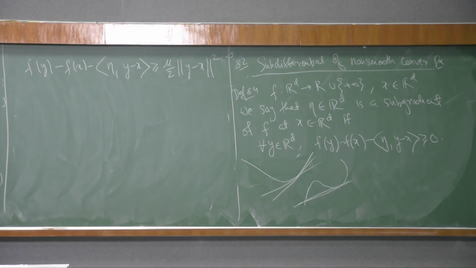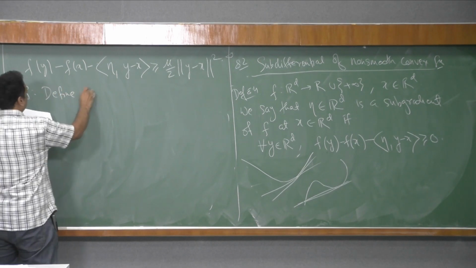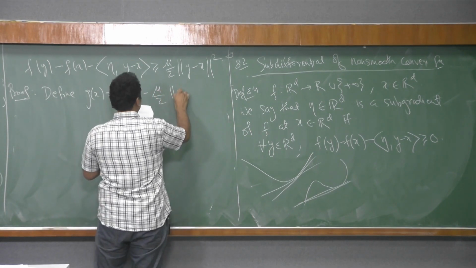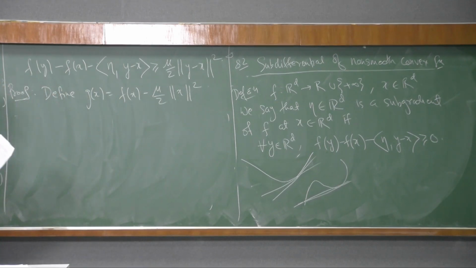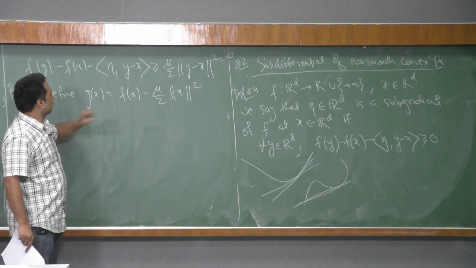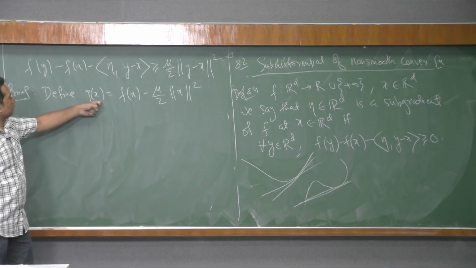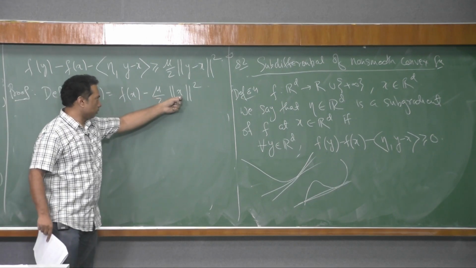So let us prove this. Define g(x) to be f(x) minus mu by 2 norm x squared. What I am trying to do is use a result we have seen previously: g(x) is convex if and only if g(x) plus mu by 2 norm x squared is mu strongly convex.